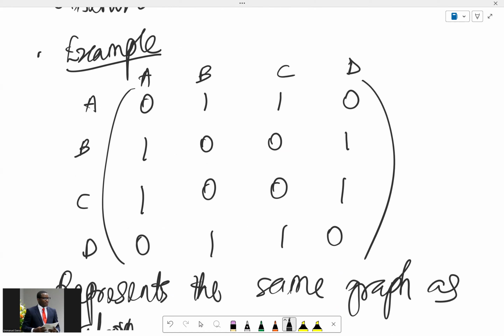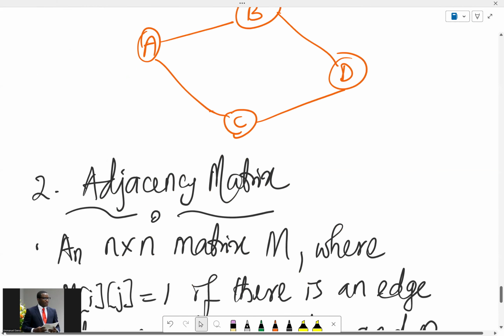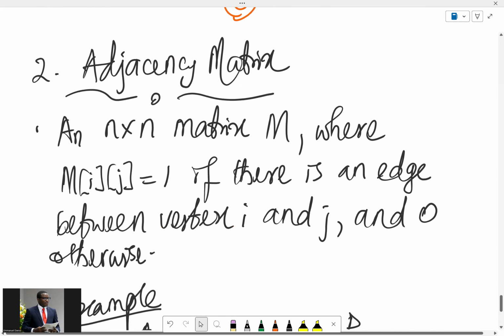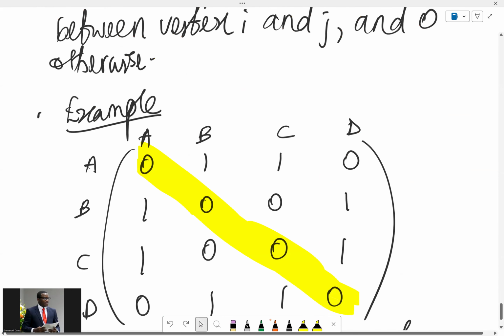All those are out because they are not IJ, they are II or JJ, the same row and column number: 1 1, 2 2, 3 3, 4 4. Those are all zeros. But there's a connection between A and B, so that will be 1. There's a connection between A and C, that's 1. Between A and D, there's no connection, so it's 0.